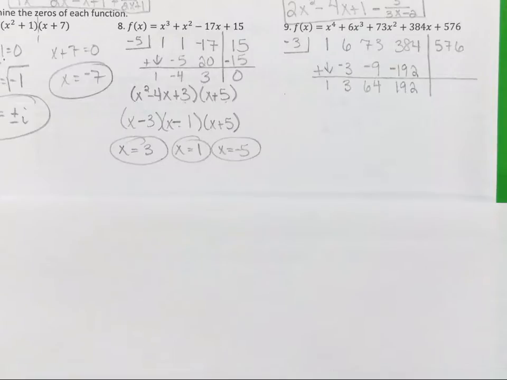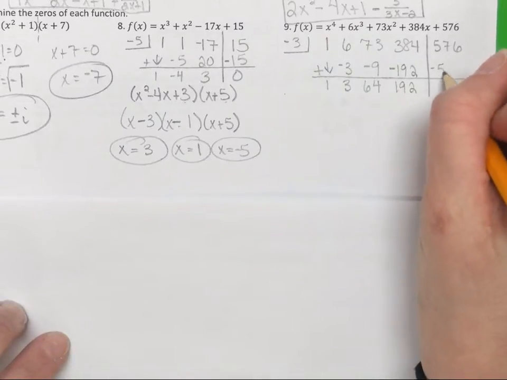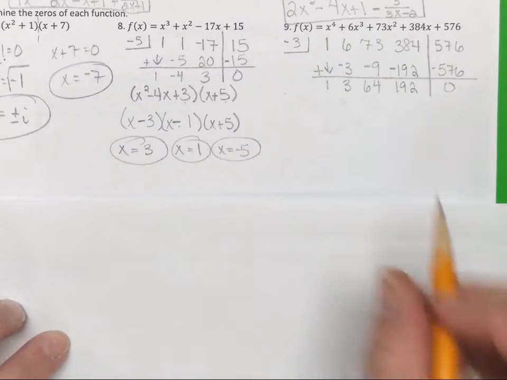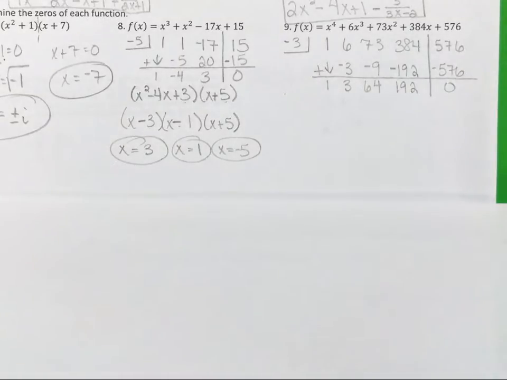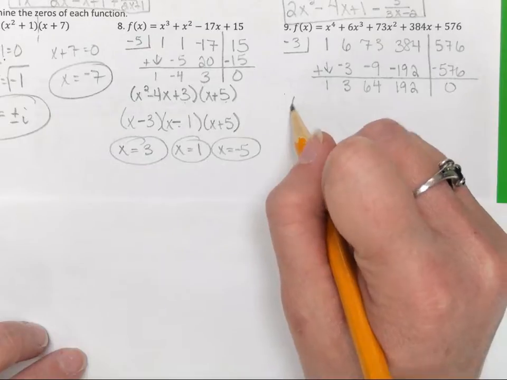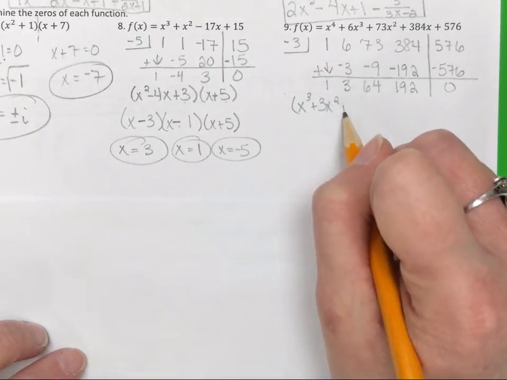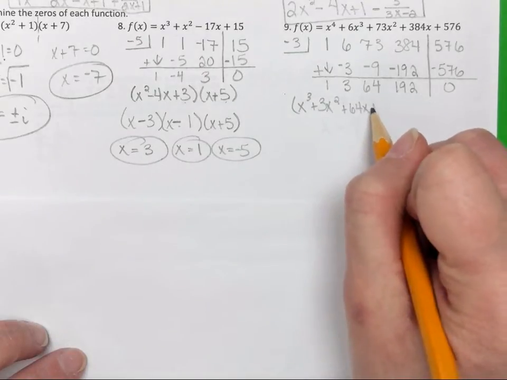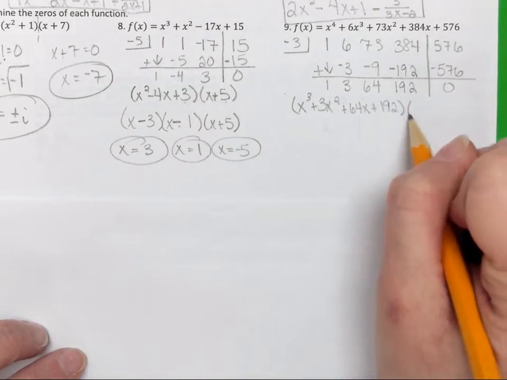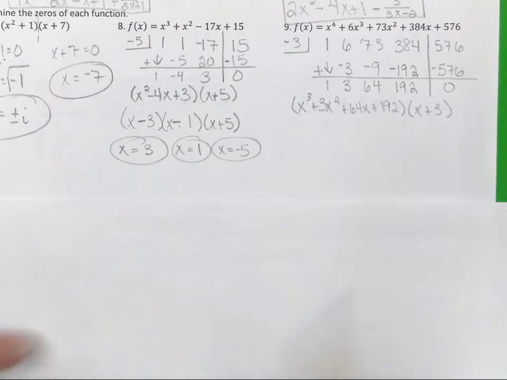That's gotta be 576. Alright, so let's see, I have x cubed, 3x squared, 64x, 192, and then x plus 3.